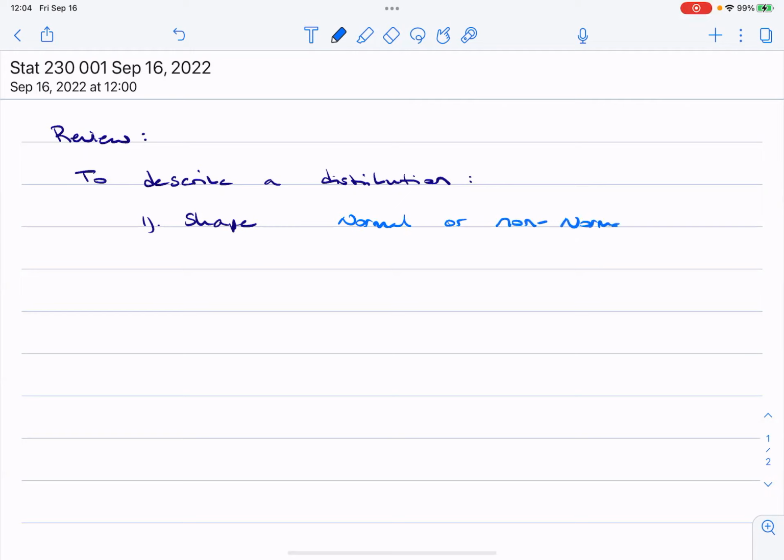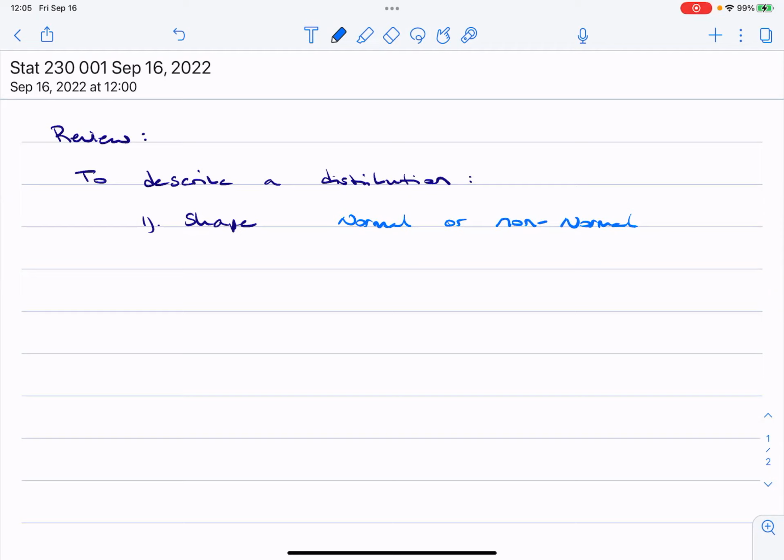On an assignment, I'm going to get you to specify, so not just non-normal, but is it skewed to the left? Is it skewed to the right? Because we need to be able to look at distributions and identify them. But in terms of classifying to figure out what the best center and spread are, then we just need normal or non-normal.